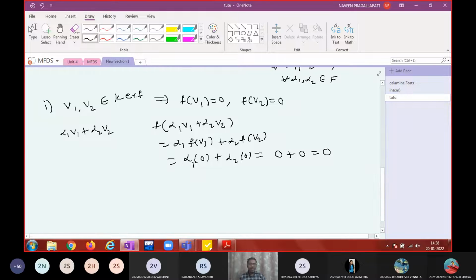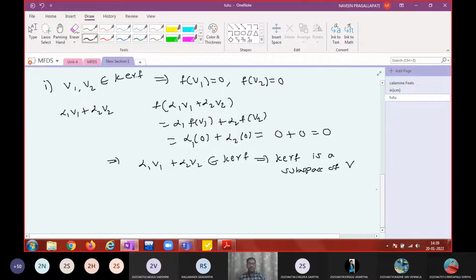Therefore f of alpha 1 v1 plus alpha 2 v2 equal to 0 vector means alpha 1 v1 plus alpha 2 v2 is also going to be an element of kernel f. Therefore what you can say?